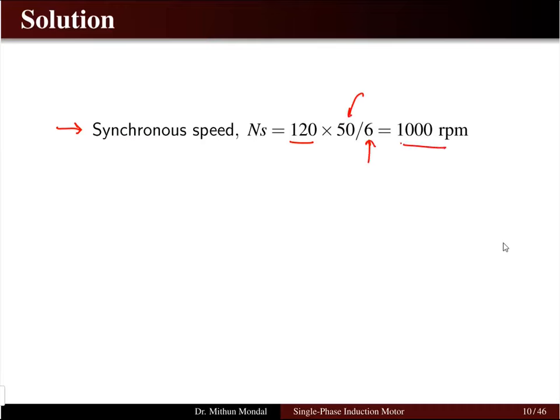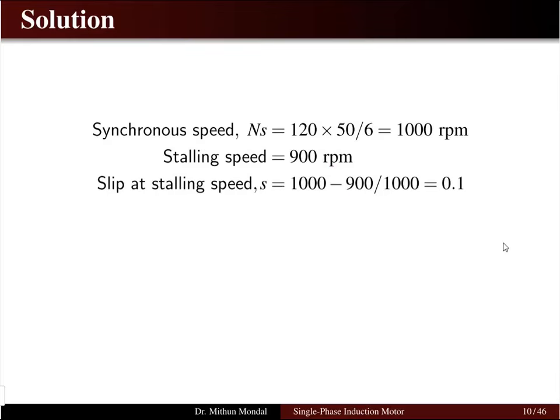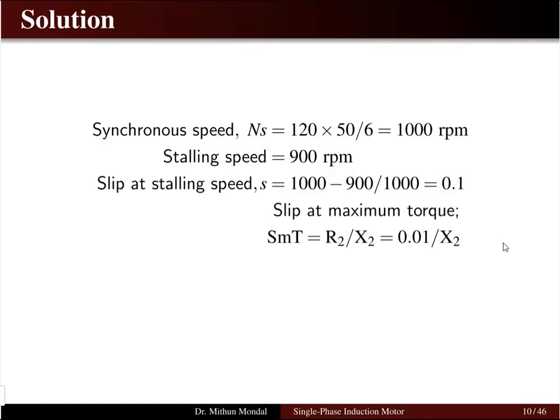So obviously it is 1000 RPM. The stalling speed is 900 RPM. The rotor is actually rotating at 900 RPM, so the difference between the synchronous speed and the rotor speed gives a slip of 0.1 at the stalling condition.